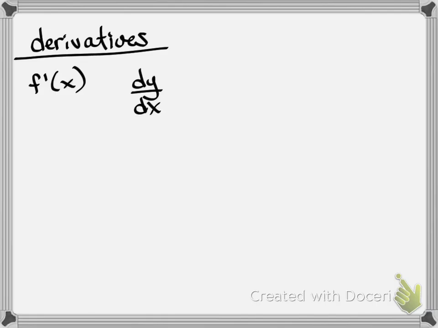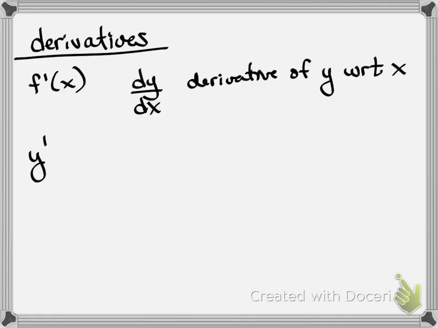So that's another symbol or way we can write a derivative. This is the derivative of y with respect to x. Another way we might write it is just y prime. You won't see this quite as often, but, well, you will see this quite a bit actually. The derivative of the function with respect to x.